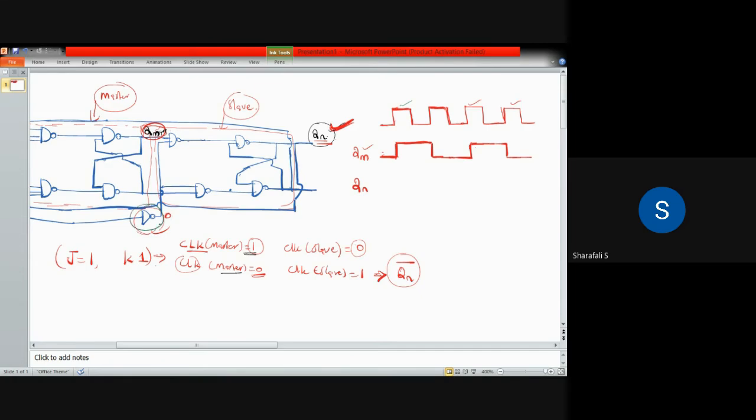So the clock pulse towards that slave will be 0 when the clock pulse is equal to 1. So for a slave, it will be 0.